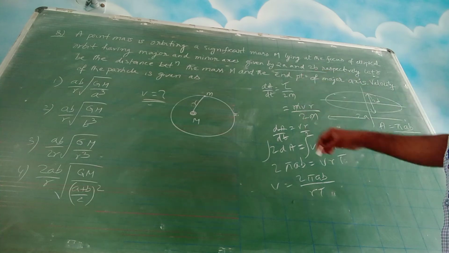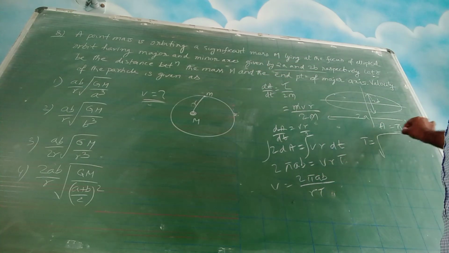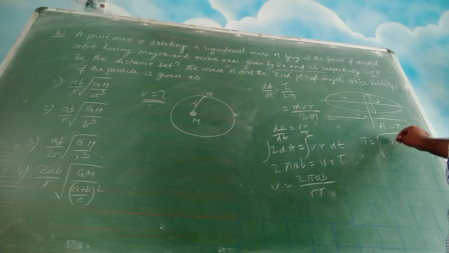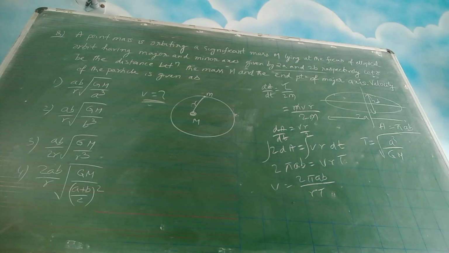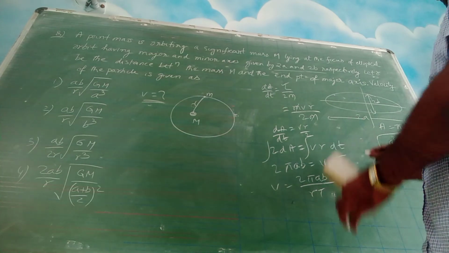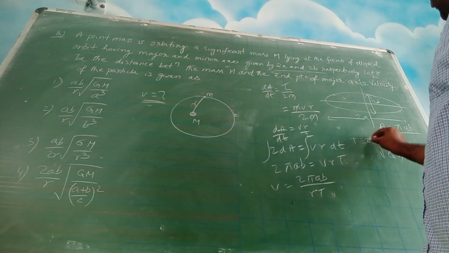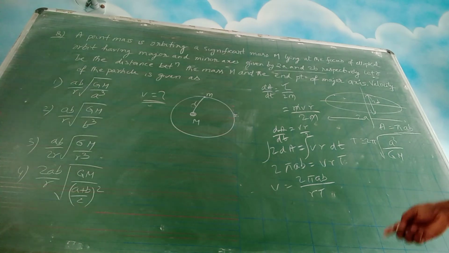T, in the previous question also I have shown you, is basically root over a cube by GM, and there will be a 2 pi term here. T is given by 2 pi into root over a cube by GM. So that term you have to put here.